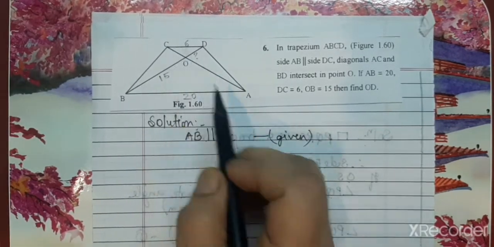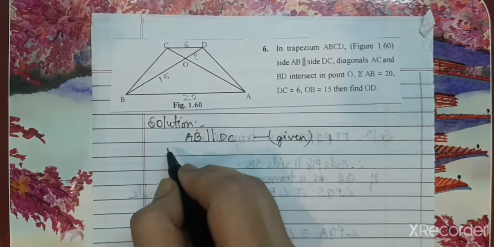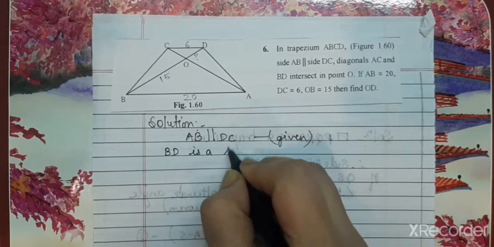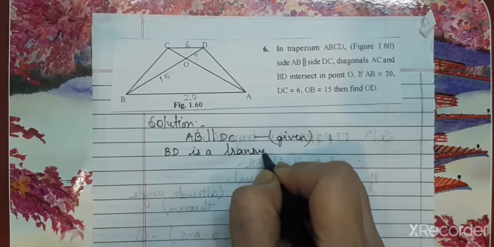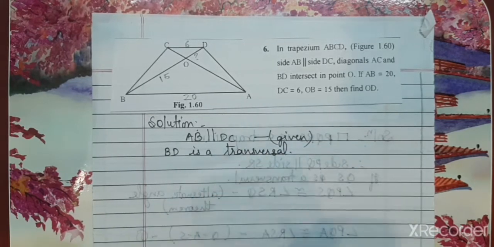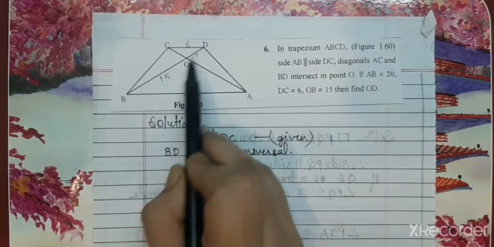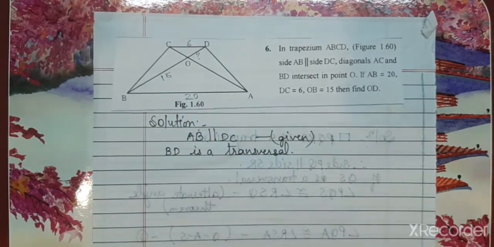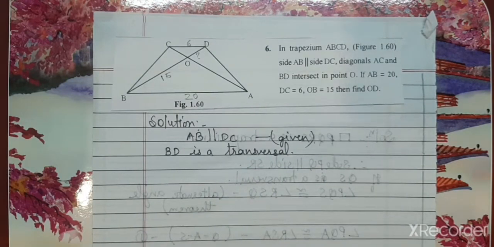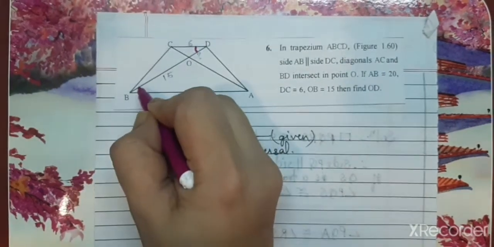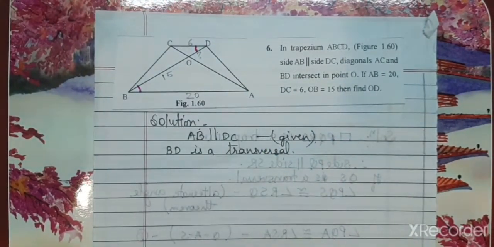Accordingly, the alternate angles will change. So if AB is parallel to CD and BD is a transversal, where is the alternate angle here? You can see these two angles.